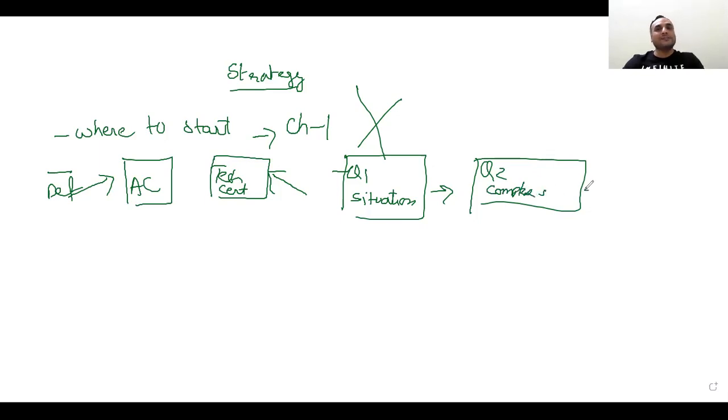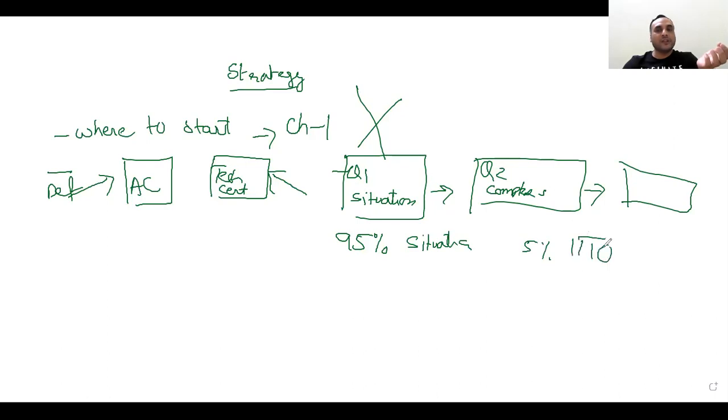Your anxiety level is increasing because you were not prepared for the situations. I kept telling you that 95% of the exam is about situations. Currently, and also before, only 5% of questions were from ITTOs, input output tools and techniques, and formulas and network diagrams.